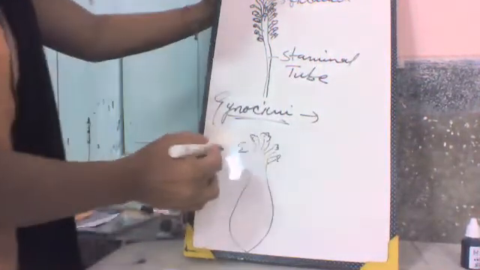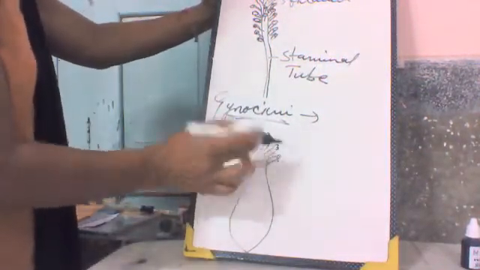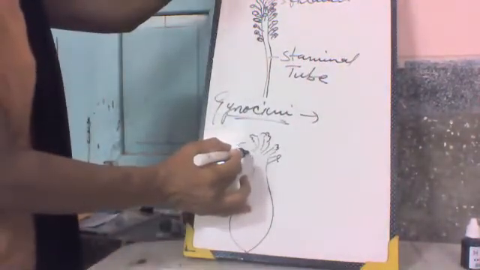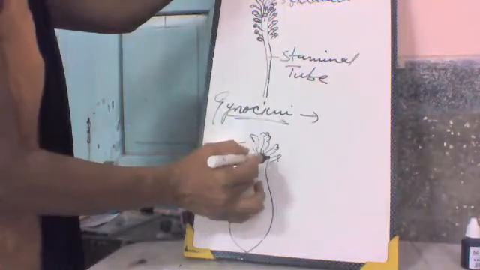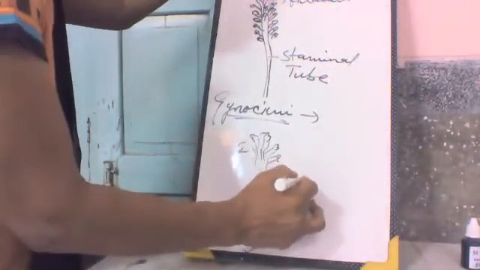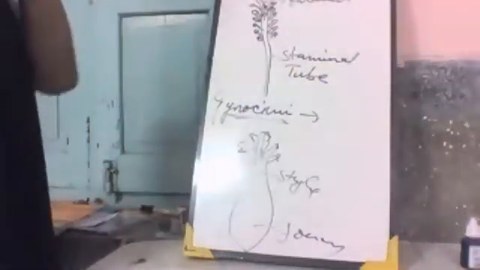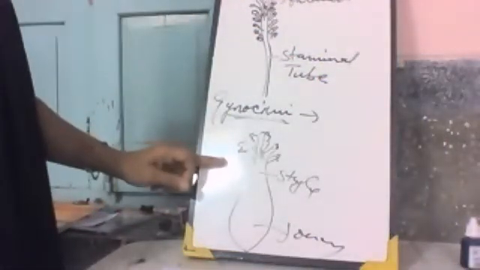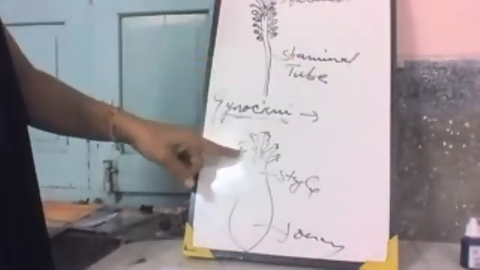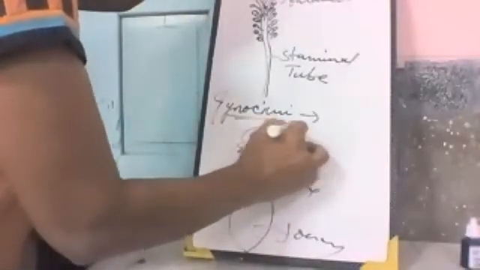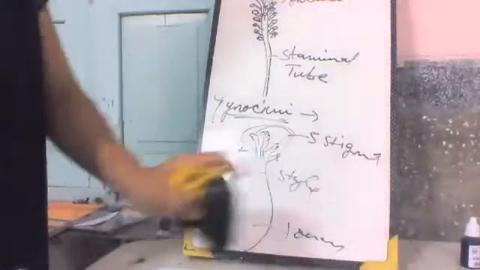Here 5 stigma: 1, 2, 3, 4, 5. 5 stigma are present and they are fused with one style. They are fused in one style and one ovary. This is all about the gynoecium. They have 5 stigma, one style and one ovary.